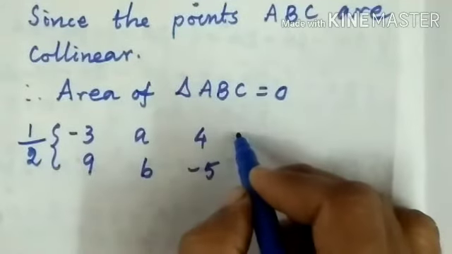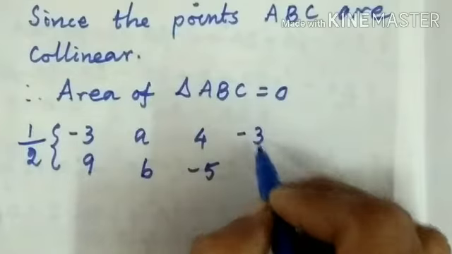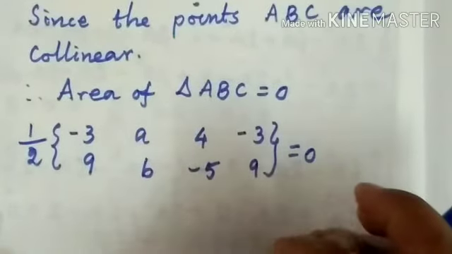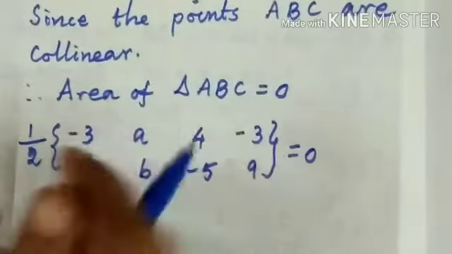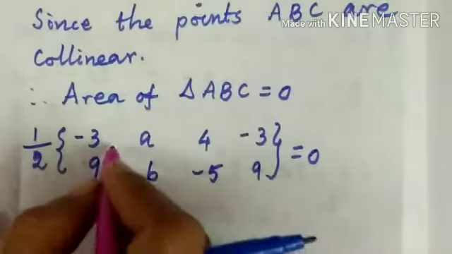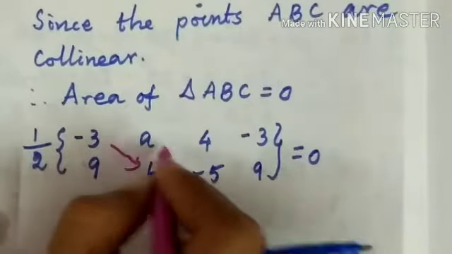Then again you write A point minus 3, 9 is equal to 0. Now you have to multiply from top to bottom.